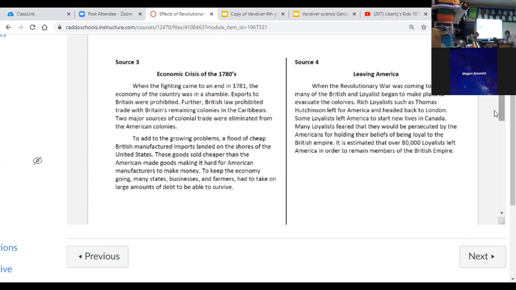Remember to leave your packet open to your page. It doesn't have red writing, but your page looks like this. Your back page says effects of the Revolutionary War.